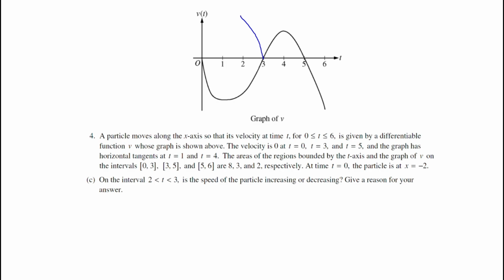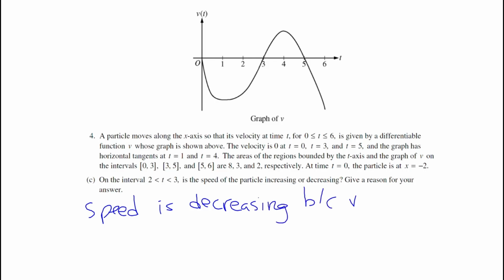And so if we look at that, it's pretty clear that the speed is decreasing. So we do need a better explanation than that, though. So we're going to say speed is decreasing, because v of t is less than 0 on 2 to 3, because our velocity is below the t-axis.